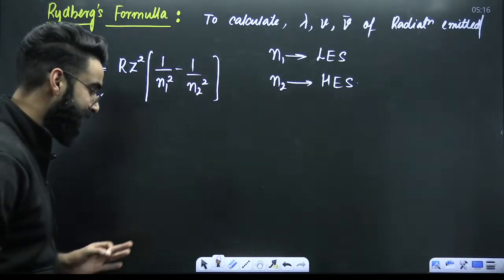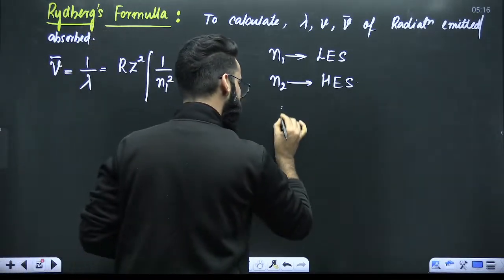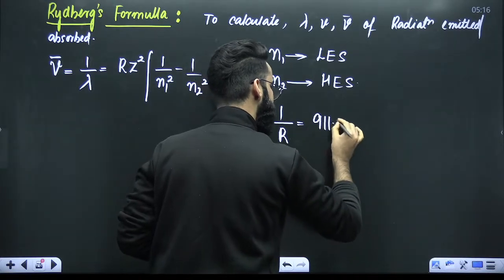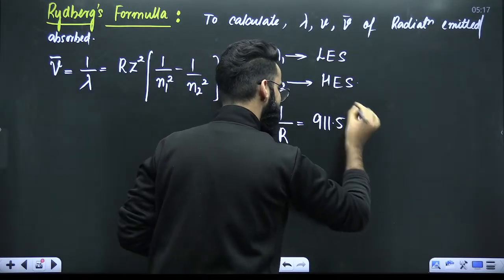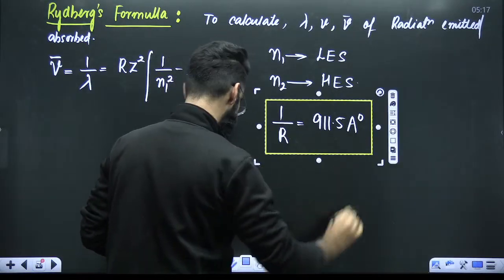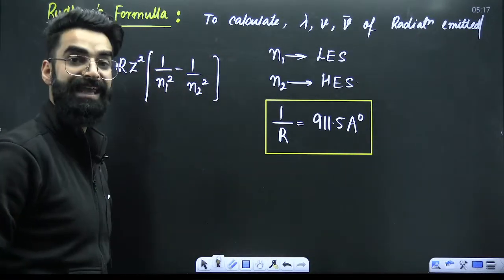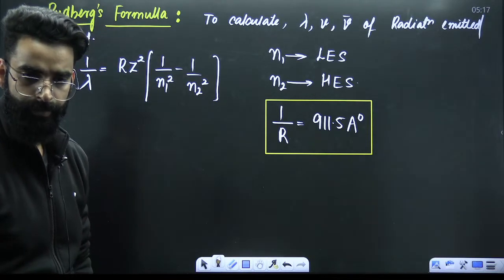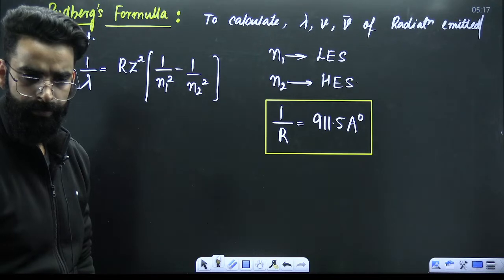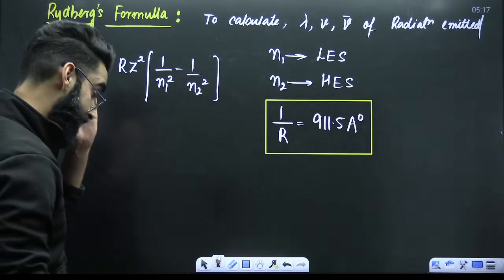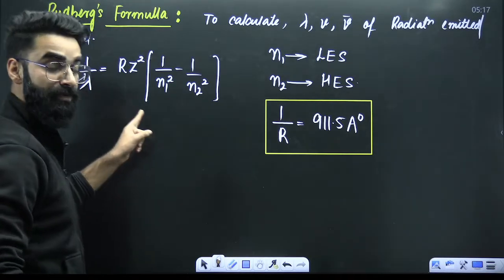And my dear students, for calculation purpose, do remember 1 divided by Rydberg's constant, 1 by R value, will be always taken as 911.5 angstroms. Just to reduce the calculations, you are going to take the value of 1 by R as 911.5 angstroms. Right? Now try to understand why I gave you this particular formula.